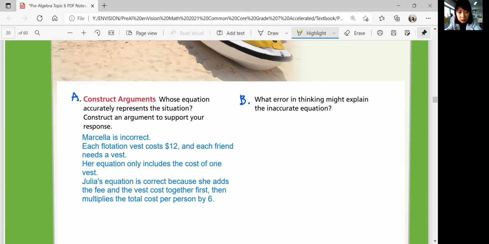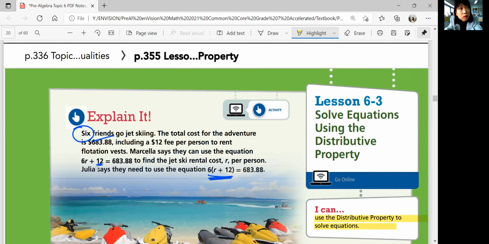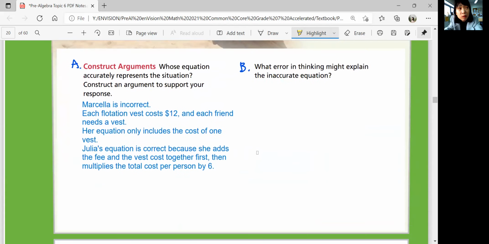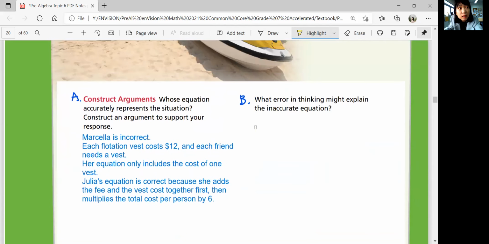So you could say Marcella may not have considered that she needed to include parentheses around r plus 12. She just wanted to add the 6r and 12, thinking that they just need to be totaled. And she forgot that every person actually needs the life vest, right?